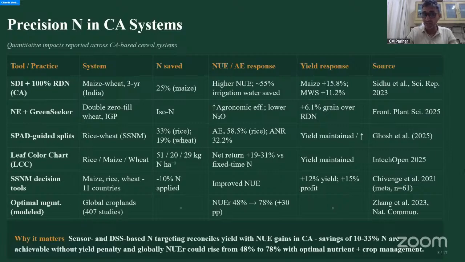If a recommendation is available, then you can follow it. Otherwise it is very difficult to recommend in a generic way, and sometimes it will mislead and have negative impacts. You have applied the nitrogen, but you are matching the greenness and it does not match, so you apply additional nitrogen, which will not be beneficial, and it gets lost. So we should be very careful in the use of these gadgets, any kind of gadgets.